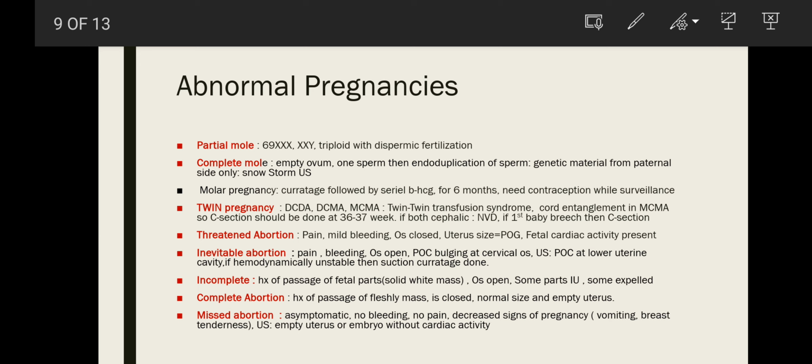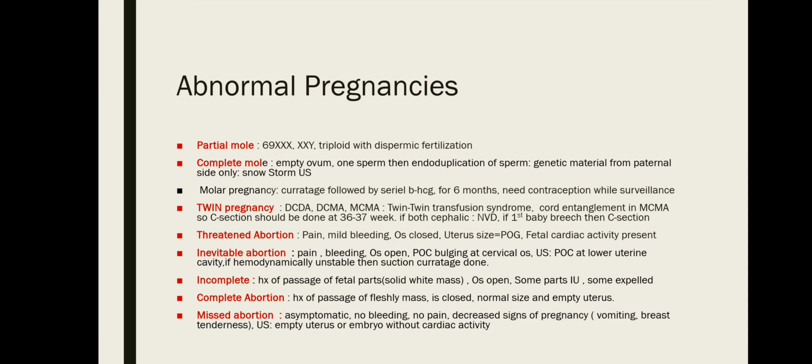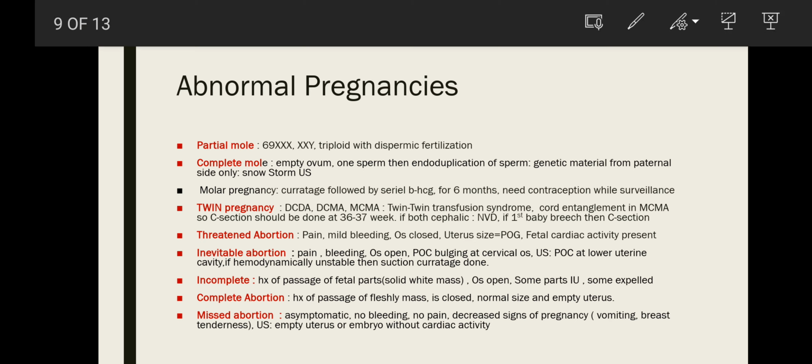Also, the fetus is lost completely, so there is a history of heavy bleeding and passage of flaky mass. After complete abortion, uterus is of normal size and HCG is in normal range. Nothing is in favor of pregnancy in case of complete abortion.